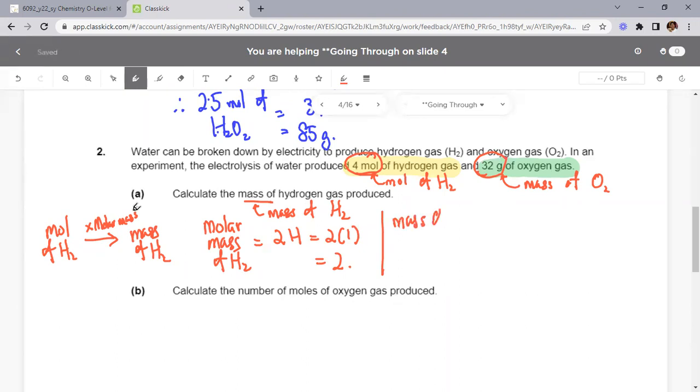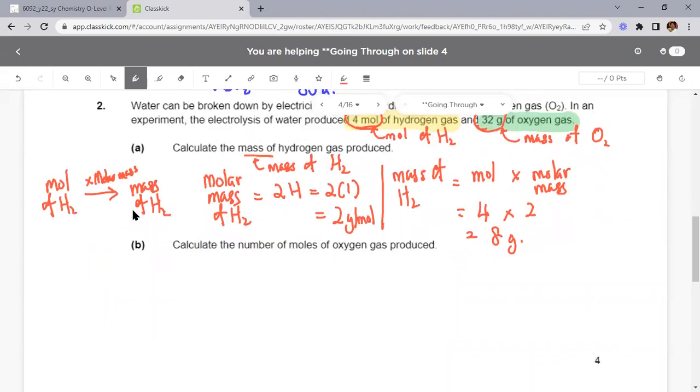To find the mass of H2, I take the mole, 4, multiplied by the molar mass, 2. I get 8 grams. Sorry, I forgot to write grams per mole. So the mass of H2 is 8 grams.